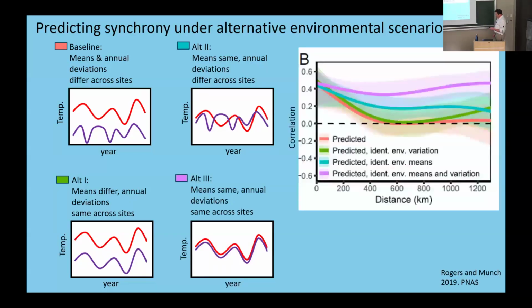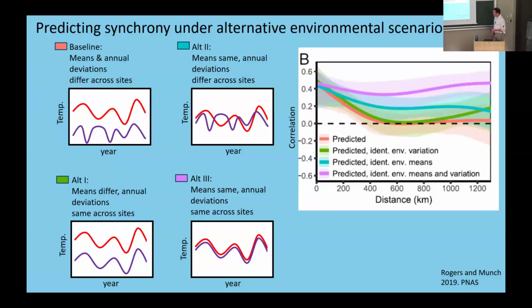So when we do that, here's what we get in terms of our predicted correlation. The green and the orange lines are the two cases where there are still differences in the mean temperature. And those drop to zero at around 500 kilometers, just like in the real data. In contrast, once we've taken away the difference in average temperature, we get predicted synchrony in the crabs all the way to the end.